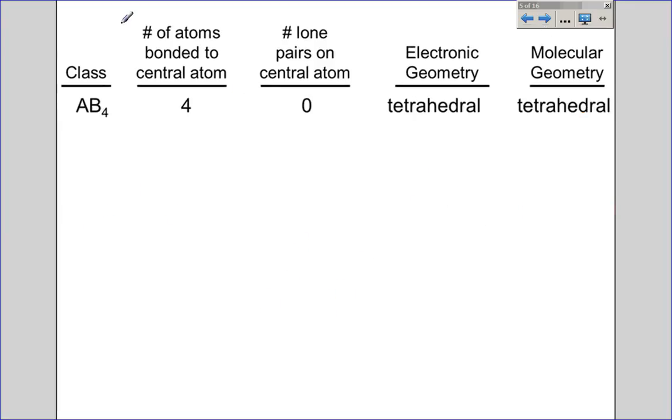Our next class of molecules is AB4. So this is a case where we have a central atom A with 4 atoms attached. Now in this case, we're no longer going to have a planar molecule.